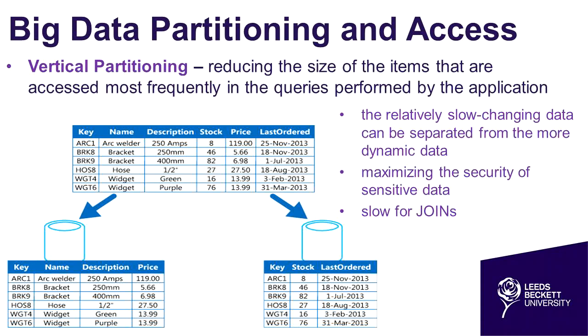And you can see that both partitions have references to the key, ARC1, in both tables, both data sets. So you can identify a particular piece of information from that data set using the object ID.